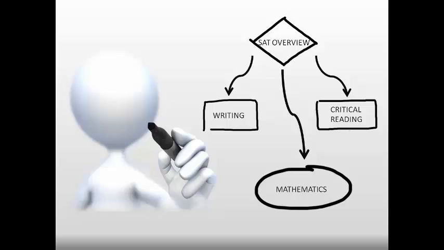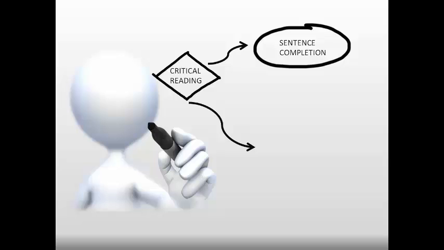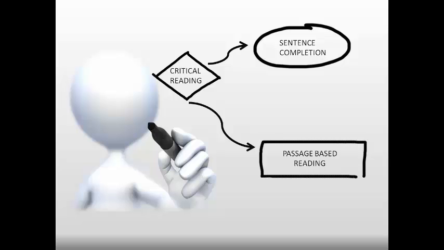mathematics, and writing. Critical reading has sentence completion. They'll give you a blank and ask you to complete the sentence. And passage based reading: they'll give you a passage with relevant questions regarding that passage, and you need to answer them.